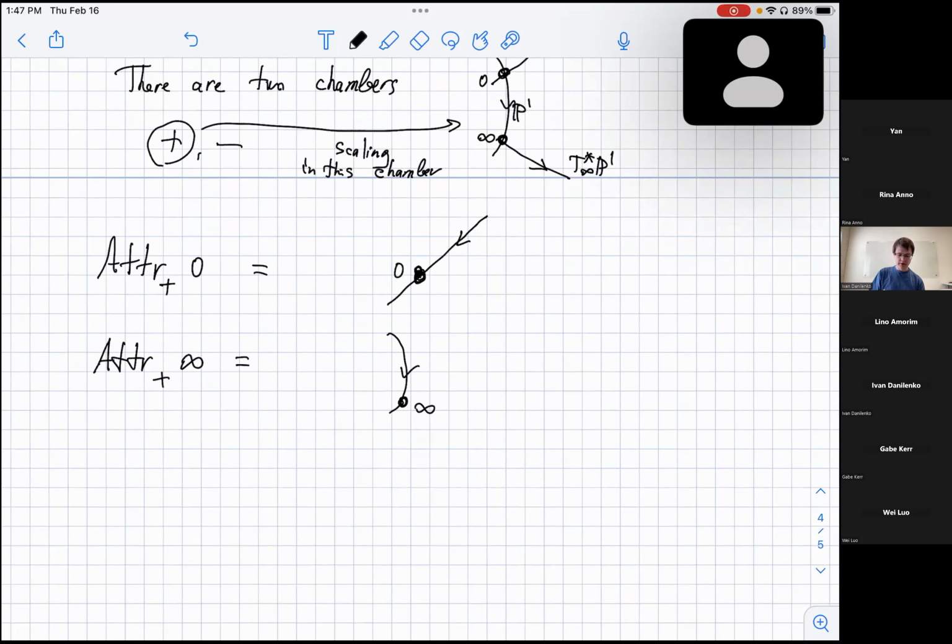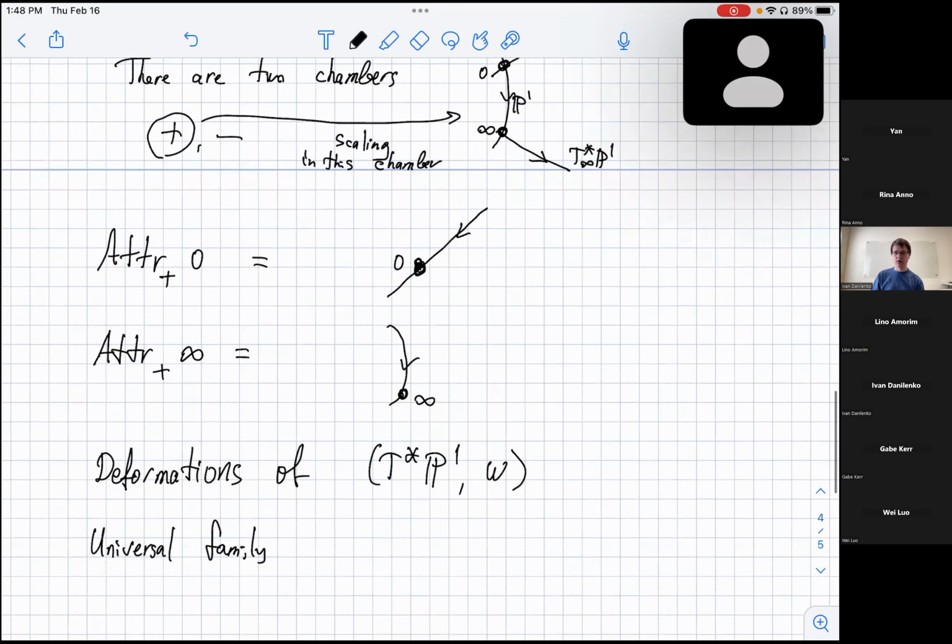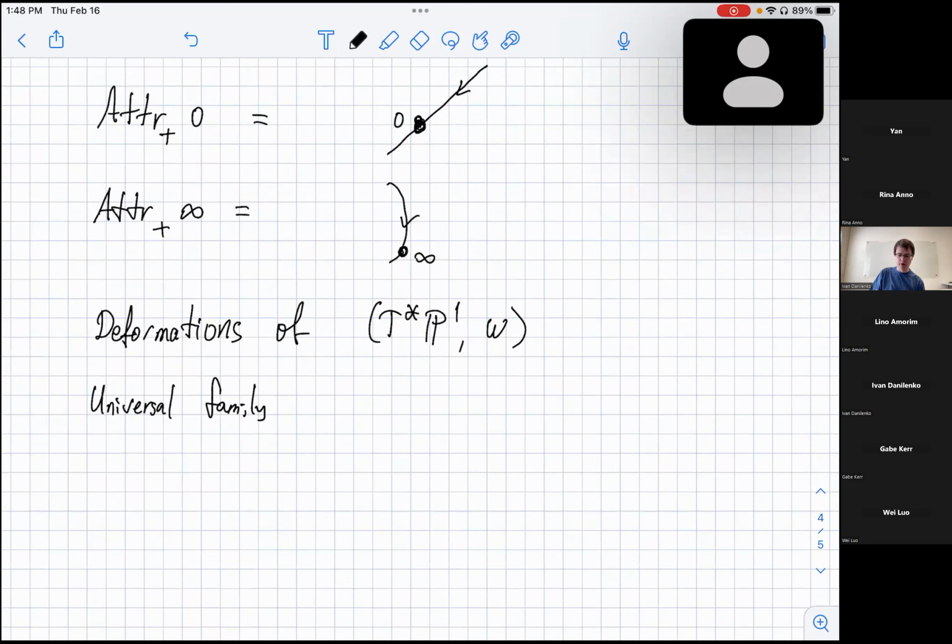So we can do deformations of this as an algebraic symplectic variety. And it's known that there is a universal family of deformations, which is one parametric.